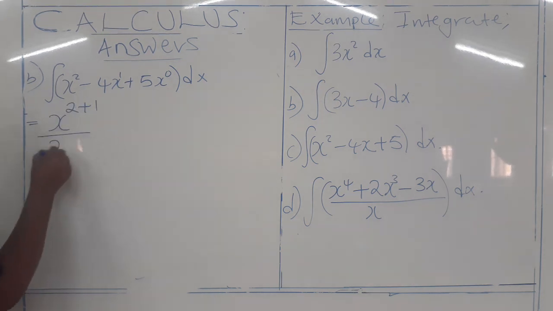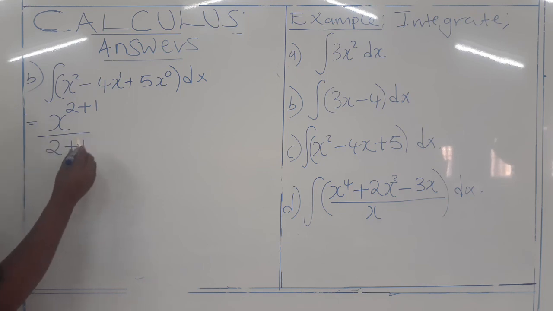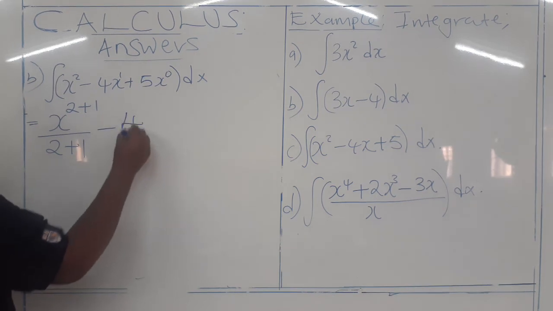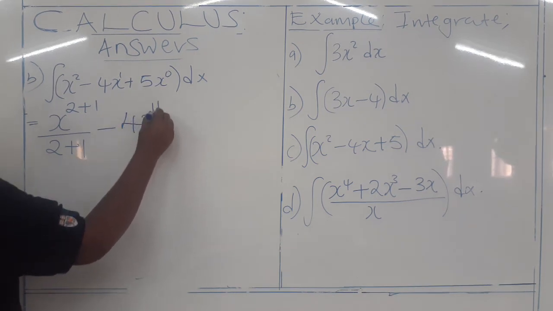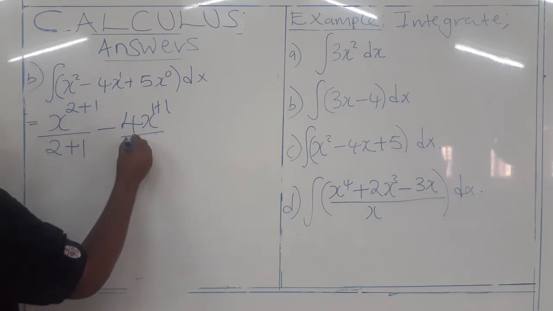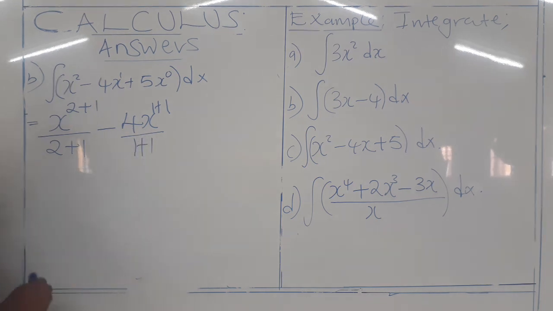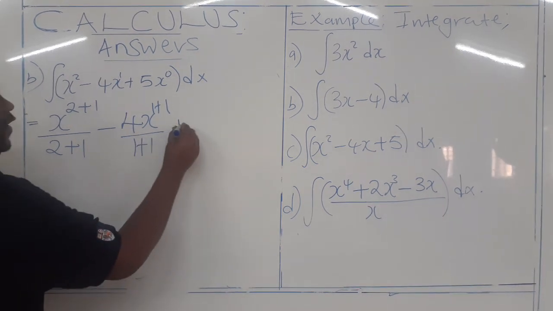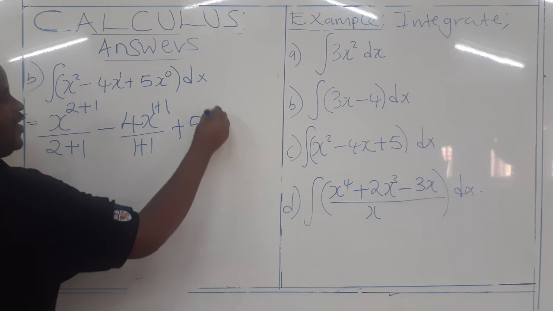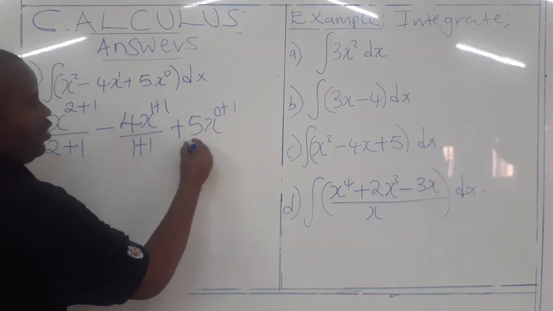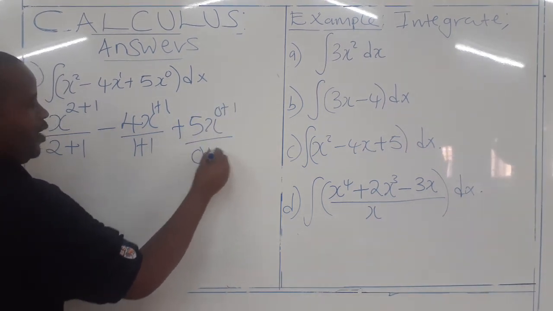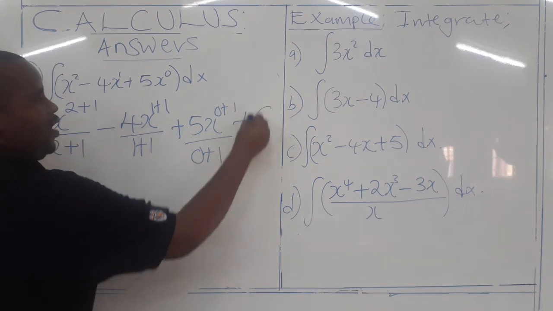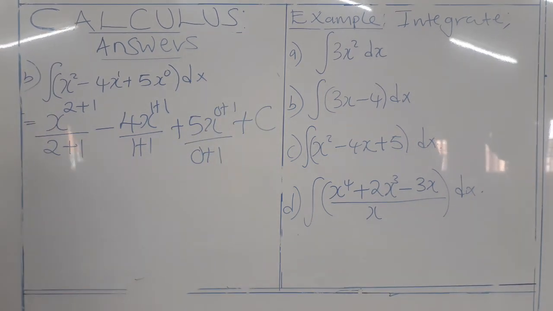Everything divided by 2 plus 1, minus 4x power 1 plus 1. We divide everything by 1 plus 1, plus 5x 0 plus 1 over, or divided by 0 plus 1, plus an arbitrary constant.